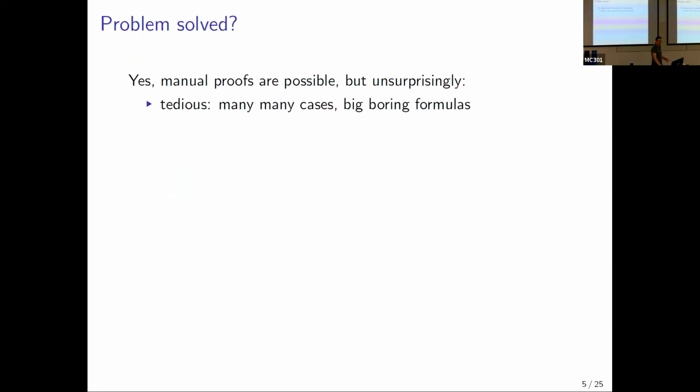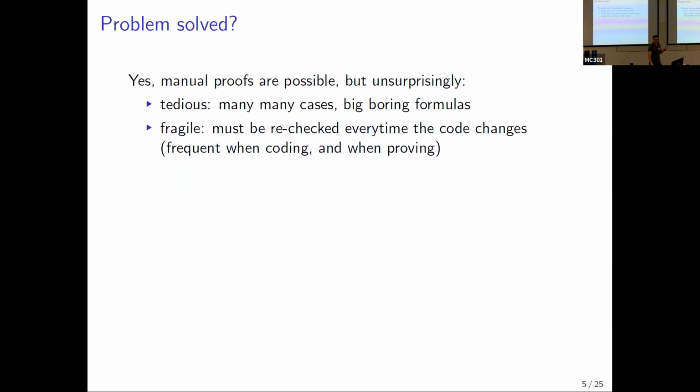Yes, in theory, but of course, those proofs are very, very boring. They are also fragile. When you write a program, you make changes very often. Every time you change, you're supposed to do the proof again, and that's very error prone.